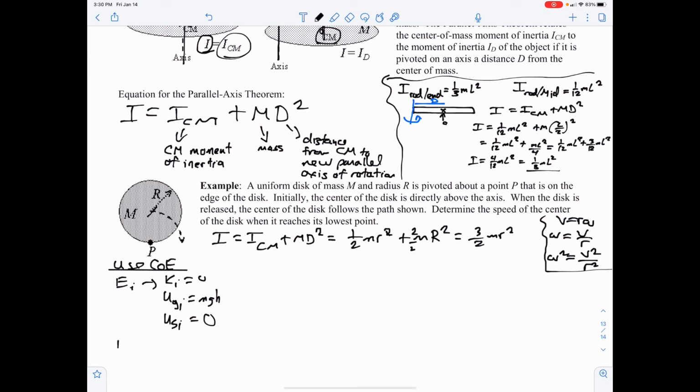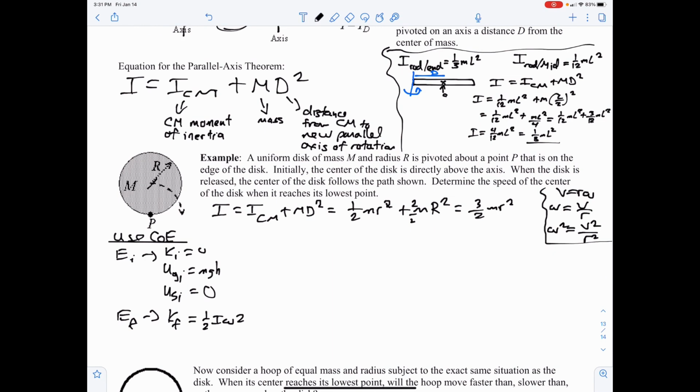All right, so final energy. Kinetic energy final would be all rotational, because you're only rotating about that point right there. Gravitational potential energy would be 0, and the spring potential energy would be 0 because, again, there's no spring.